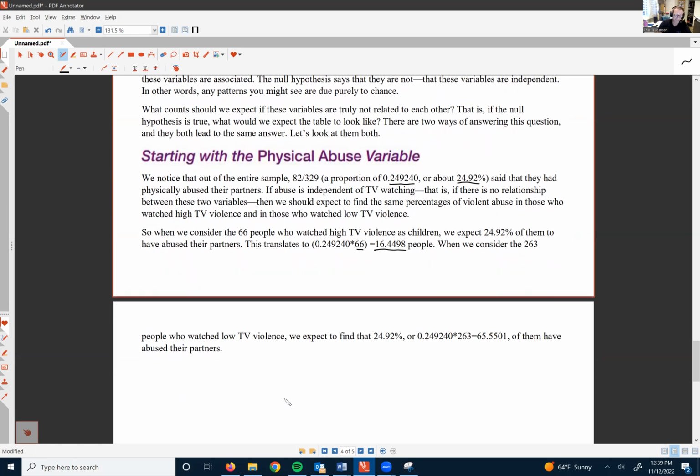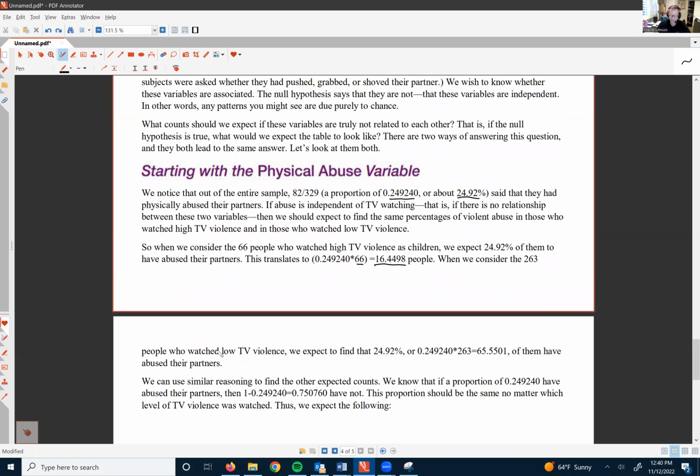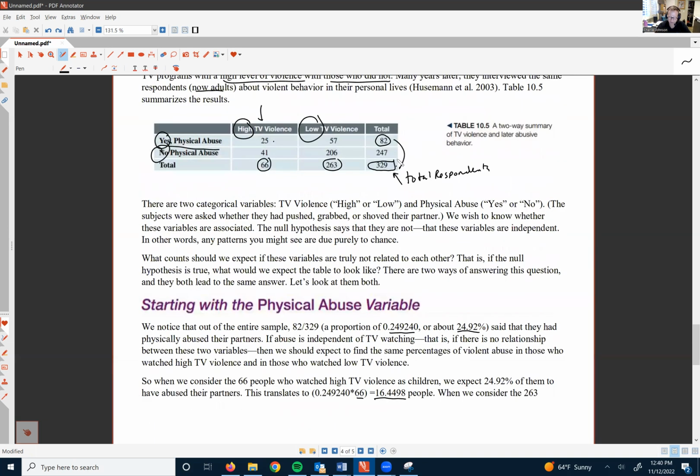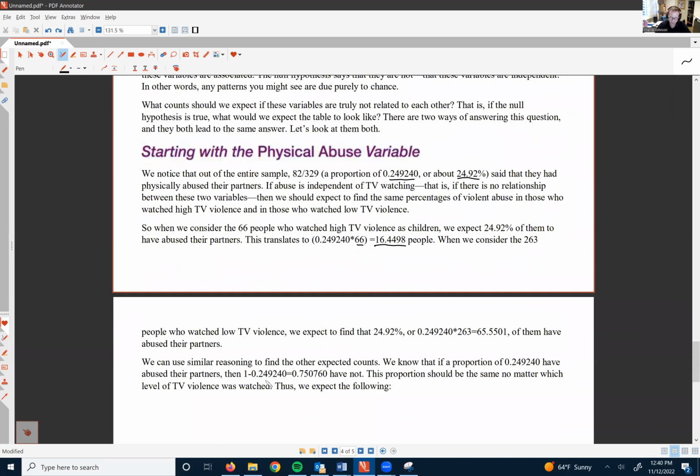Now we can use similar reasoning to find the other expected counts of those who did not abuse their partners. So we know by our table that 82 out of 329, or 0.249240, had physical abuse. 247 out of 329, or 1 minus 0.249240, equals 0.750760, have not abused their partners.